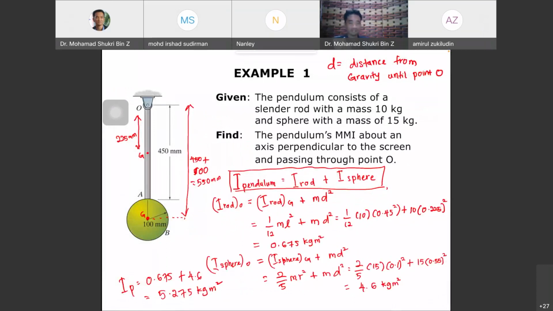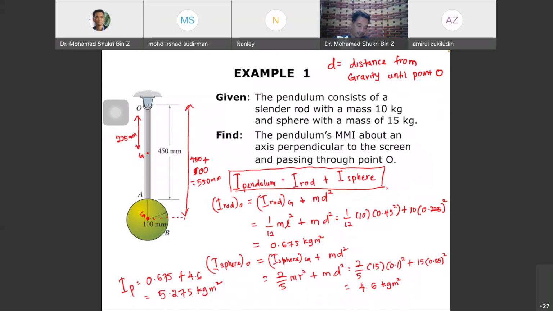Okay, boleh dengar ke? Baik. So D bukannya diameter tapi distance daripada gravity sampai point O. So this is D2 lah.